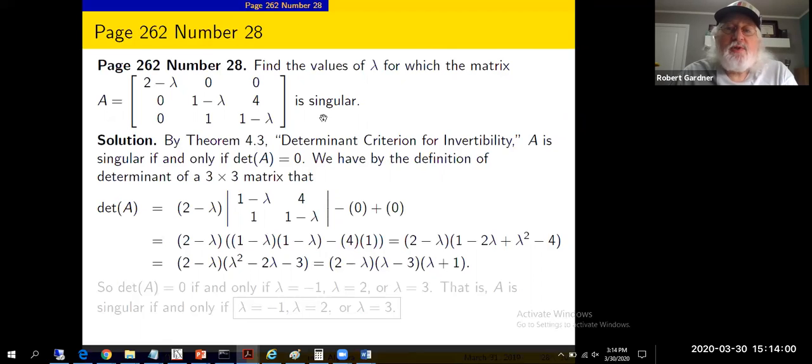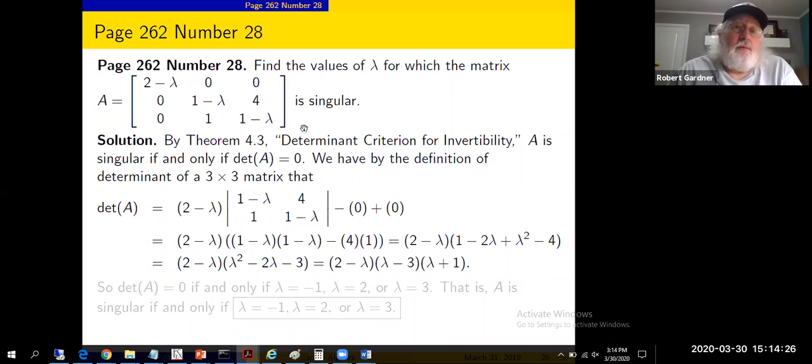So we could reword this question as, find the values of lambda that make the determinant of matrix A 0. Theorem 4.3 said, singular matrix, non-invertible matrix, if and only if the determinant's 0. You haven't seen the last of this kind of question. When we address eigenvalues, we'll be doing lots of computations like this.